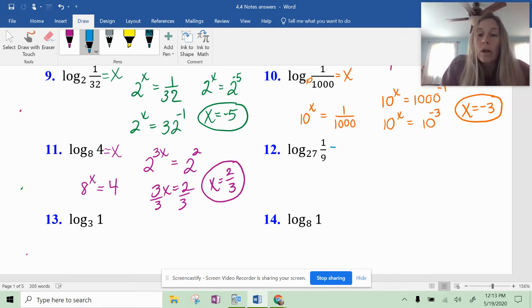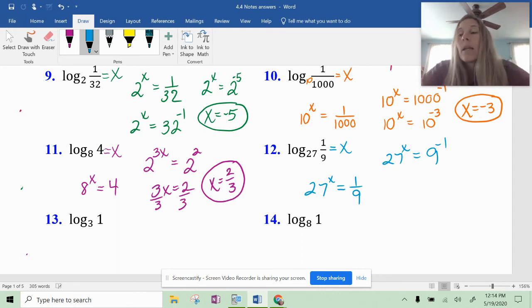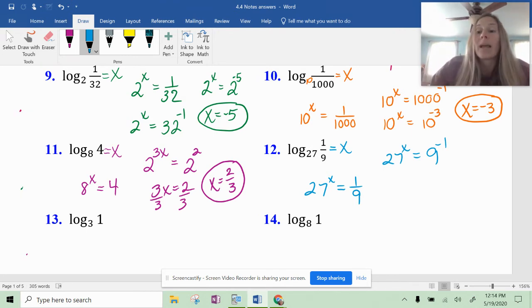Okay, number 12. Log base 27 of 1/9 equals x. So 27 to the x power is going to equal 1/9. First thing I want to do is get rid of my fraction, making that 9 to the negative 1. Now I want to try to make these bases the same. So 9 squared is 81, so I can't make 27 a base of 9, but I can make them both bases of 3.